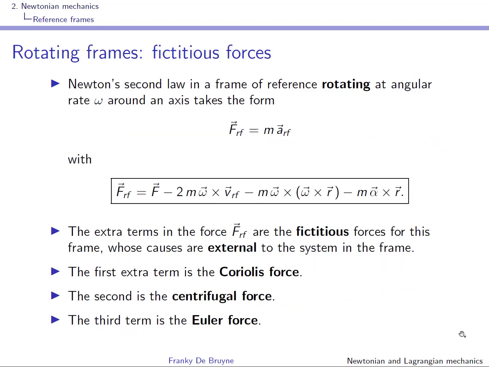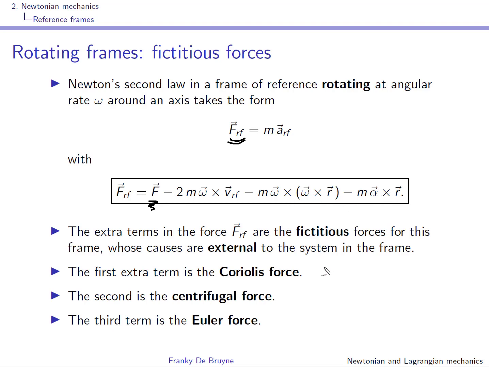We've just seen that you can write the second law of Newton in a rotating frame, in a non-inertial frame, if you take into account fictitious forces. So you can write mass times acceleration vector in the rotating frame is equal to the sum of all forces, but you have to take into account the external forces and 3 terms: the first term, second term, and third term.